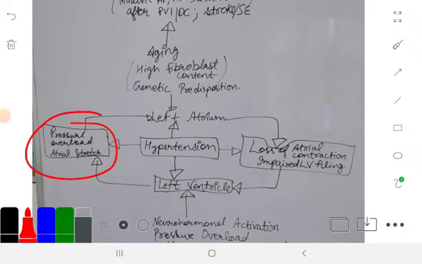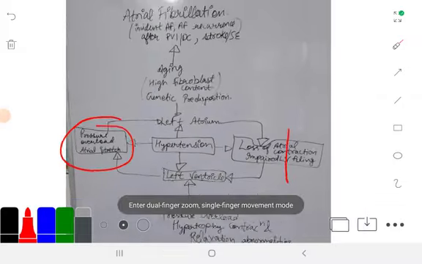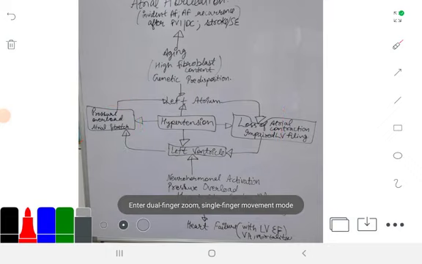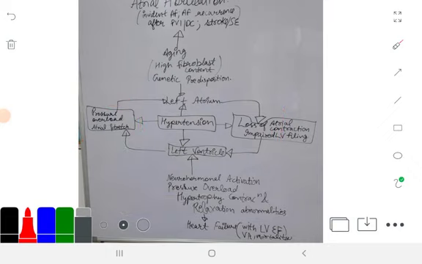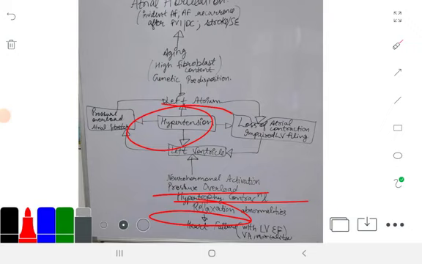So left ventricle contraction and relaxation are affected. Neurohormonal activation, pressure overload, hypertrophy, and contraction and relaxation abnormalities all cause heart failure and hypertension.